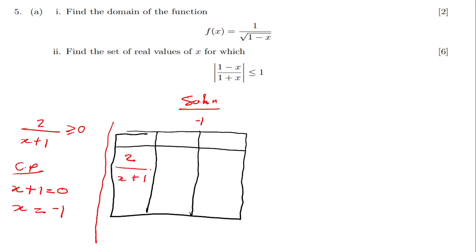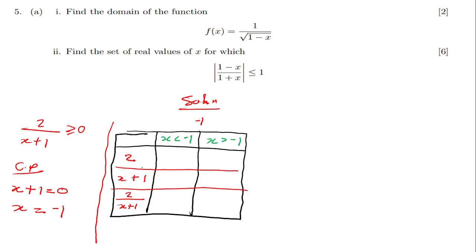Then there will be that demarcation like that, and down there automatically is 2 over x plus 1. So in this first box, x should be less than negative 1, and then in this one, x should be greater than negative 1.